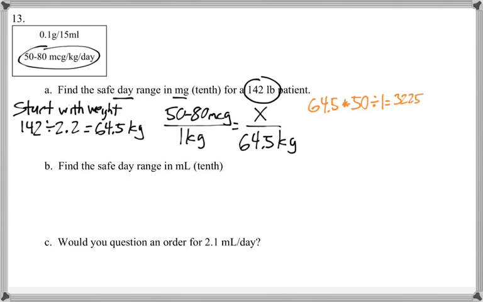And then we need to run through the proportion again, but this time with the 80 instead of the 50. So I ignore the 50. 64.5 times 80 divided by 1. And we get 5,160.